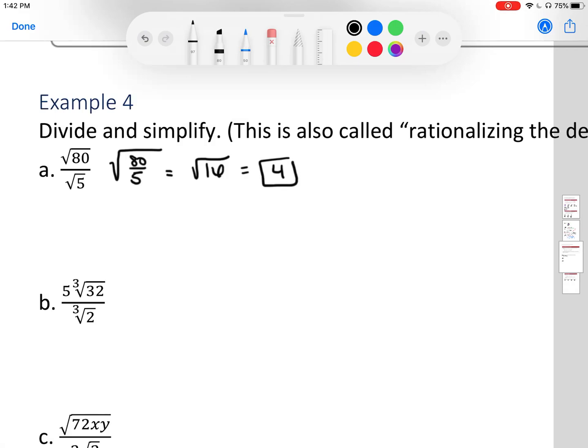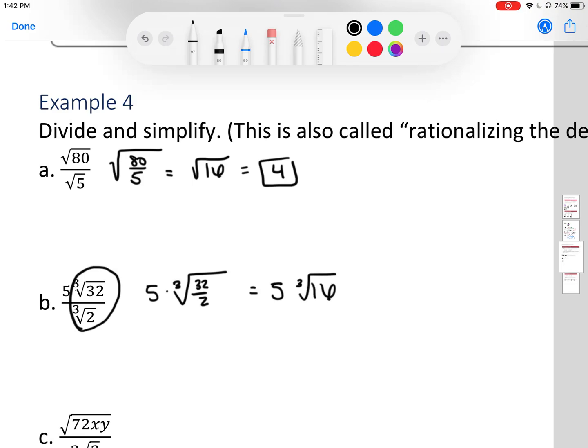Next one. Well, let's see if I can divide and see if that's helpful. So I have 5 times the third power of 32 divided by 2. 32 divided by 2 is 16. So I have 5 times the cube root of 16.